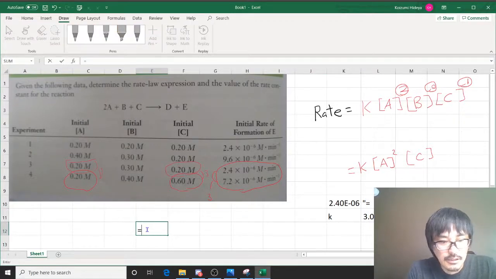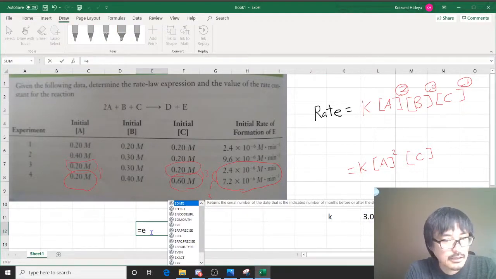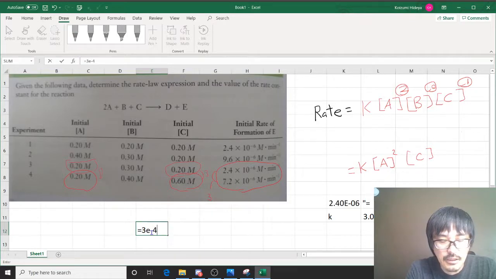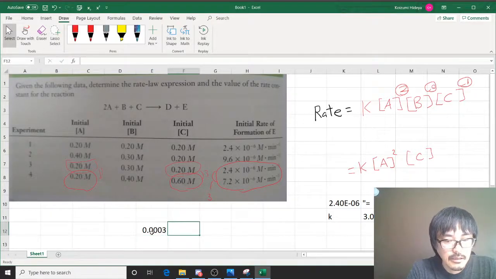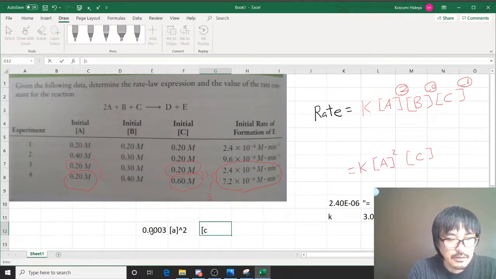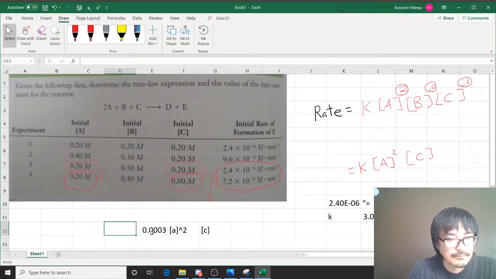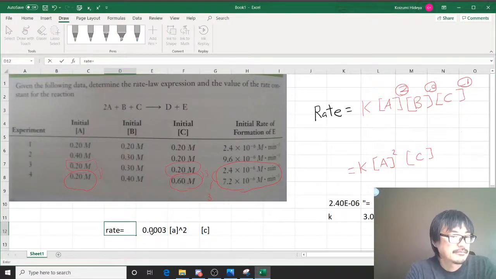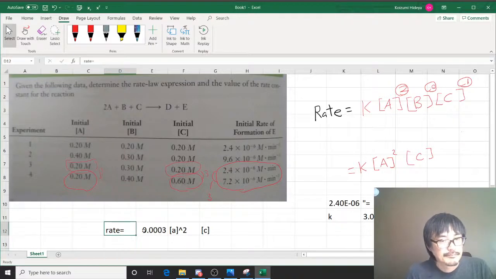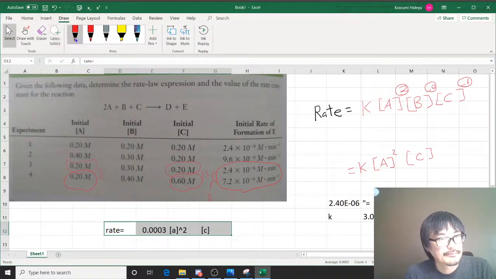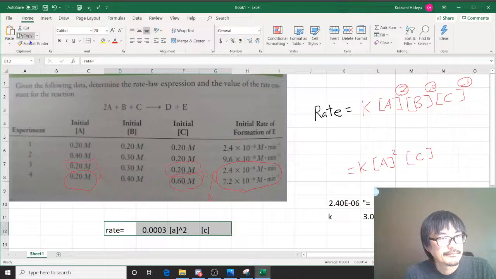K equals 3e to the negative 4. So the rate equals 3e to the negative 4 multiplied by A squared C. Alright, so that's what it is.